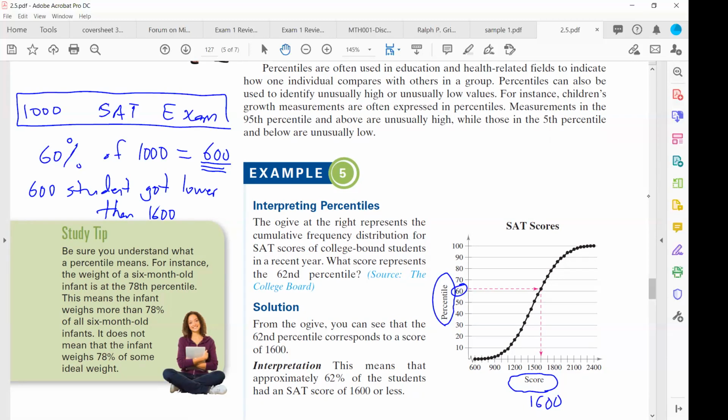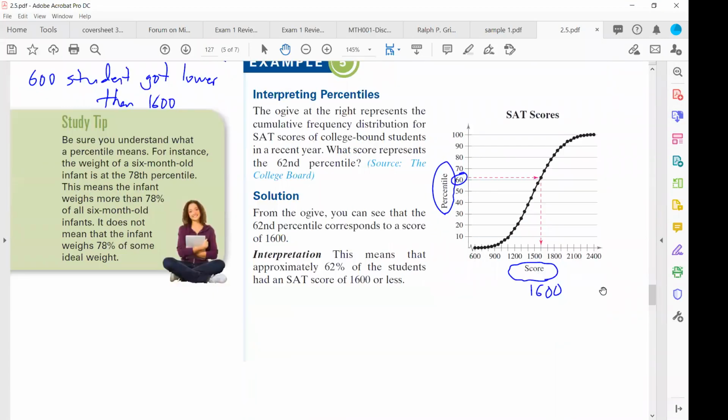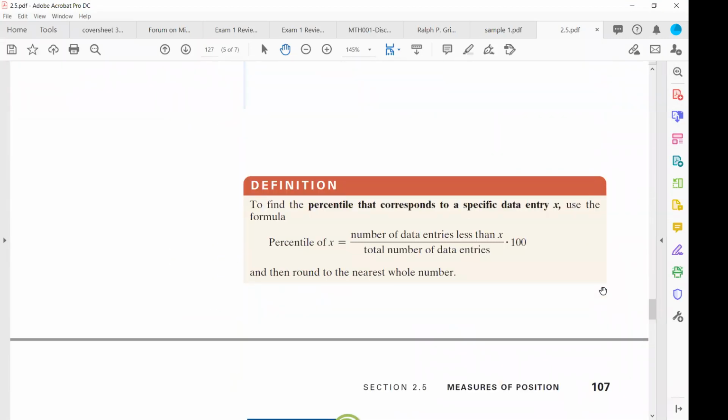Okay, so this is how we read a graph. But how do we actually calculate the percentile? To calculate the percentile, first we write the data in order. Guys, put the data in order, then count the number of data entries less than X divided by the total count.